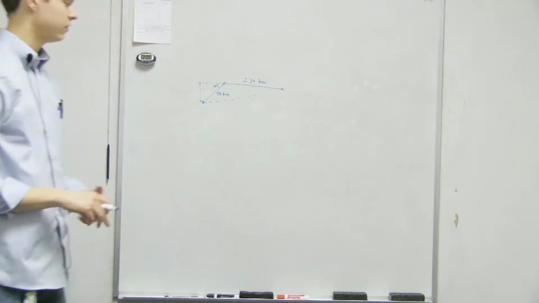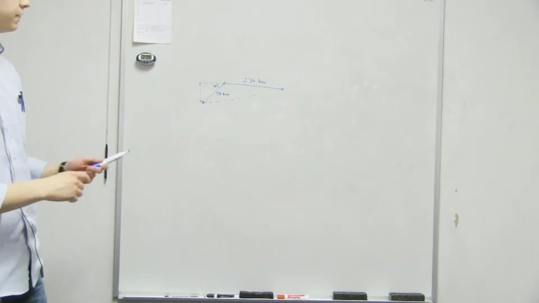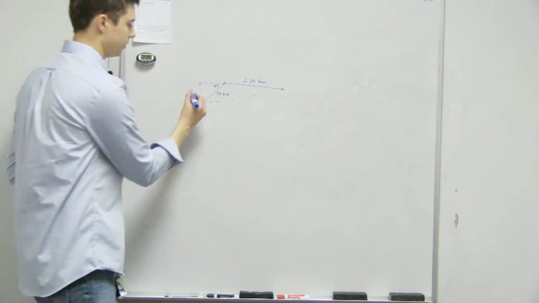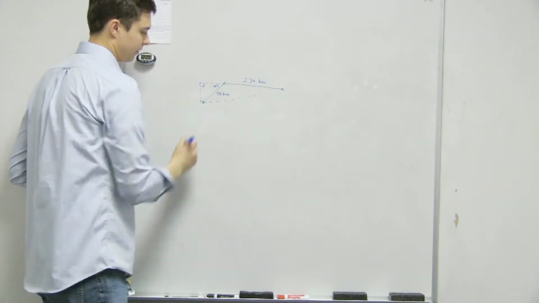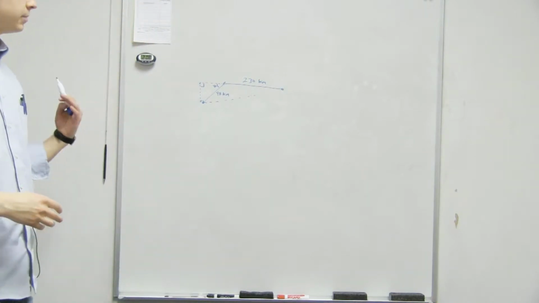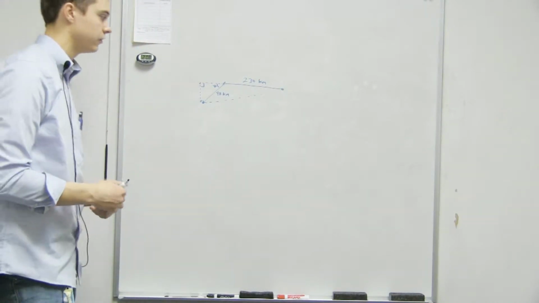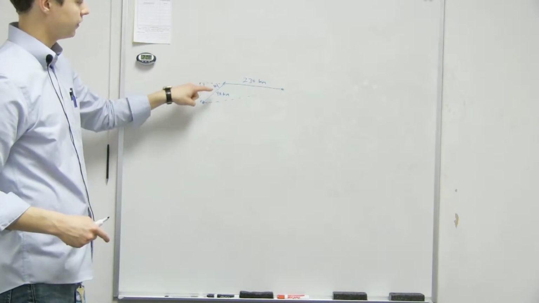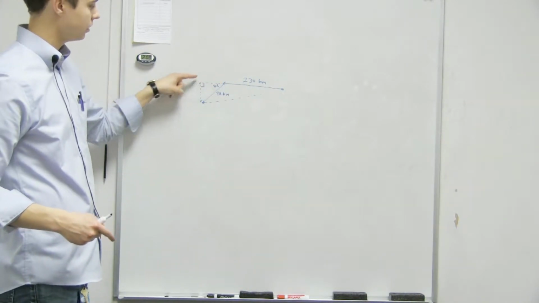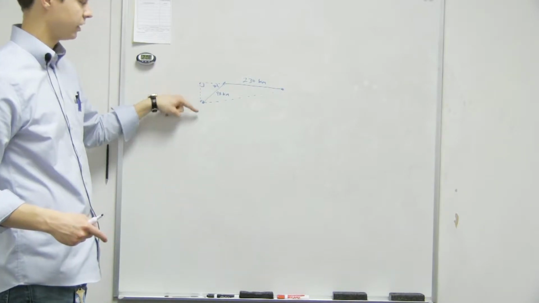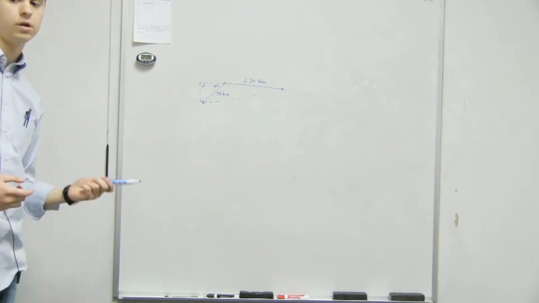With those two pieces of information, and knowing that we've just created a right triangle, so that's a 90-degree angle right there, we can start using some trig functions to figure out the length of this x component and the length of this y component. Any ideas how? Cosine.